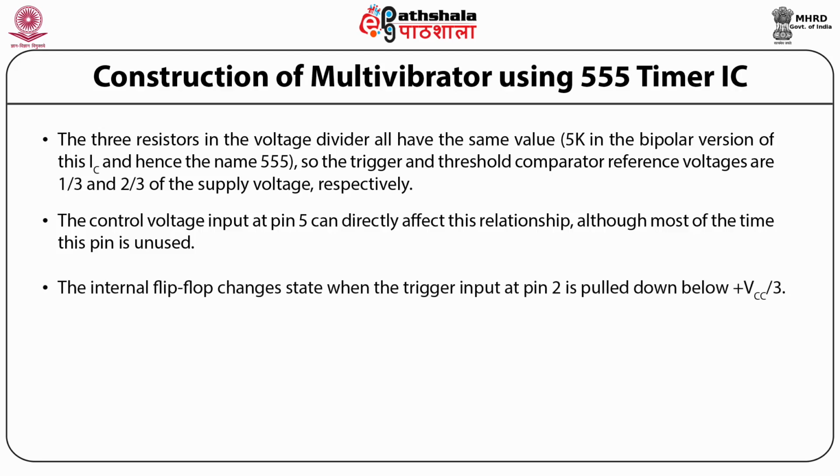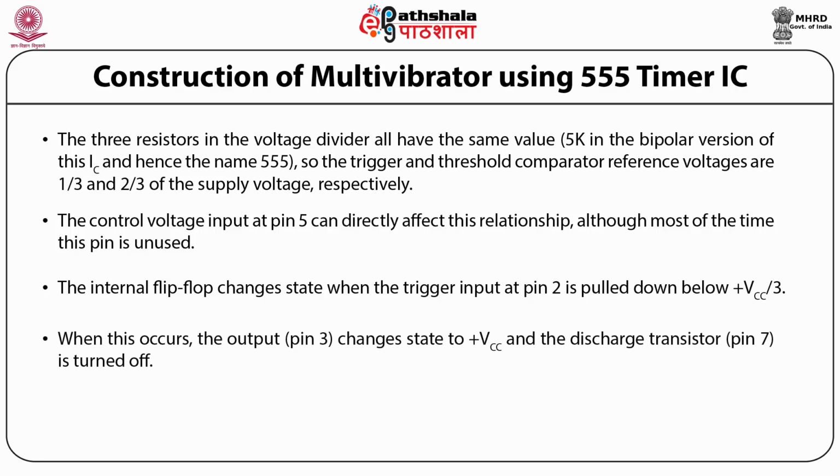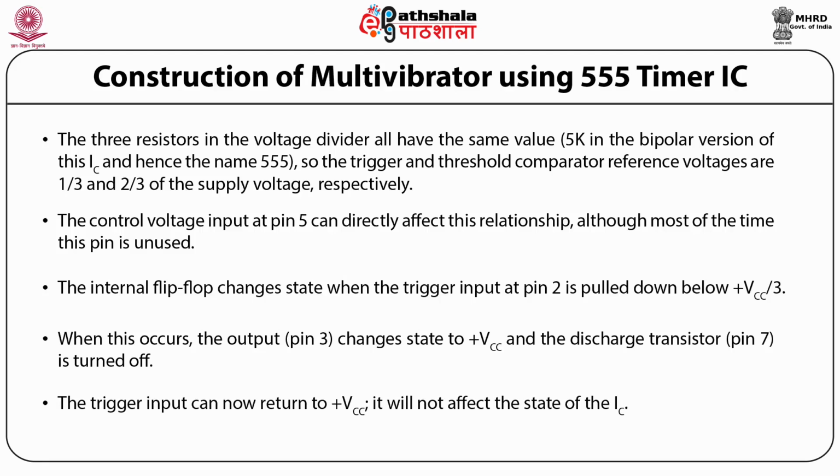The internal flip-flop changes state when the trigger input at pin 2 is pulled down below 1/3 VCC. When this occurs, the output at pin 3 changes state to plus VCC and the discharge transistor at pin 7 is turned off. The trigger input can now return to plus VCC. It will not affect the state of the IC.